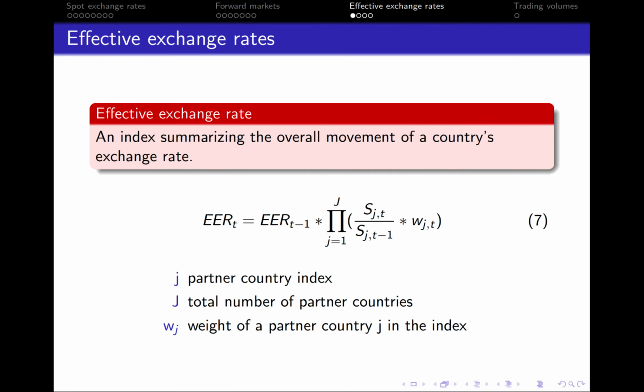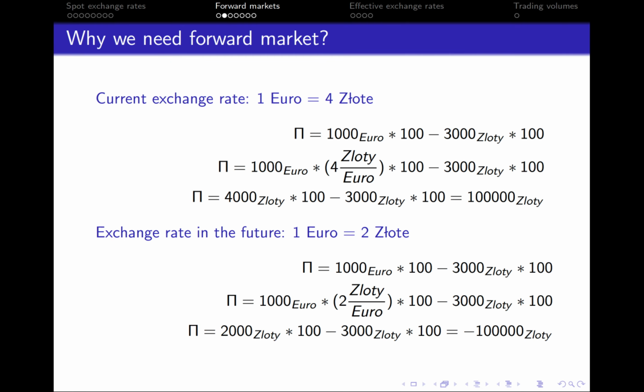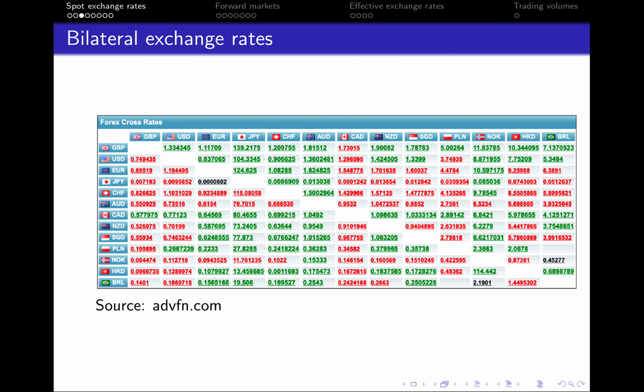Okay, now look, all that we've been talking about thus far are so-called bilateral exchange rates. So those are the exchange rates between two countries only. Look, this is exactly what we saw before over here.